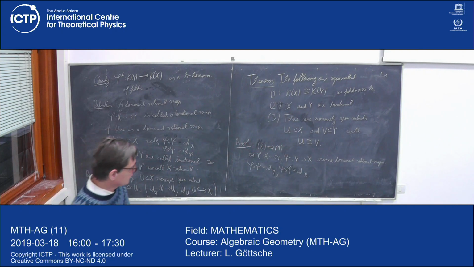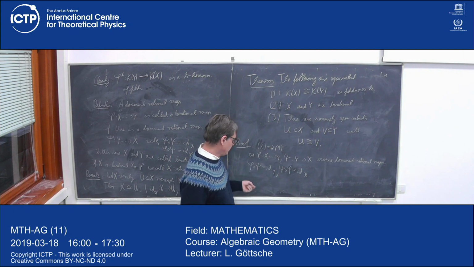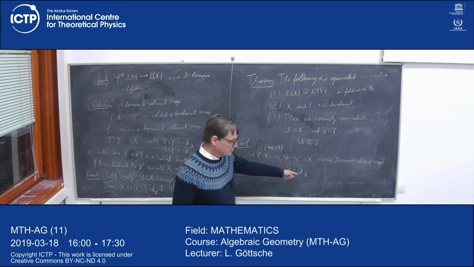Now I can compose the pullbacks, and if I compose twice the pullback, it will give me the identity.